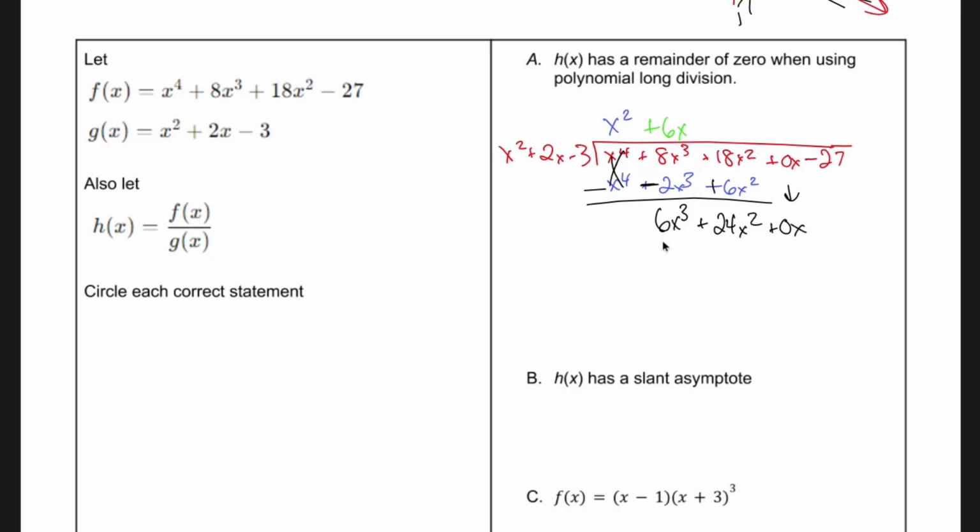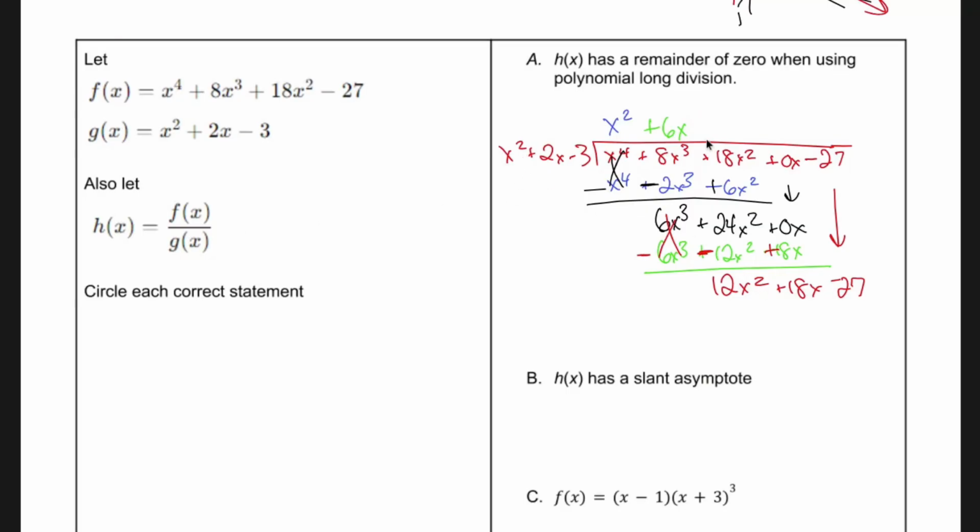Multiply 6x to that, so 6x cubed plus 12x squared minus 18x. All right. Subtract the entire row by flipping the sign, so you become a minus, you become a minus, you become a plus. You go away. You become 12x squared. You become 18x. And minus 27 drops down.